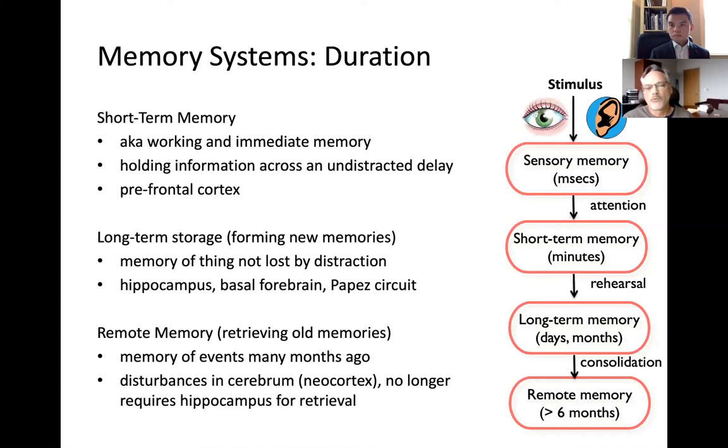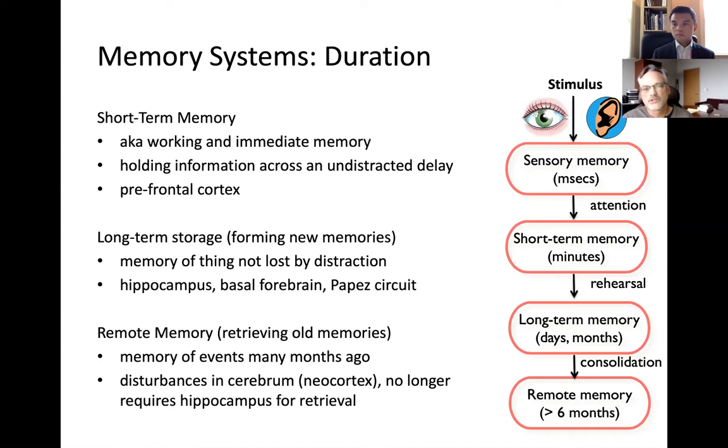So remote memory is something that's typically involving both systems. You bring information back into the frontal cortex, and then you may modify it and store it again with the hippocampus. The reason these distinctions are important is that when you have a lesion that affects the prefrontal cortex, you get memory disturbances, but they're of a different type than the lesions that affect the medial temporal cortex.